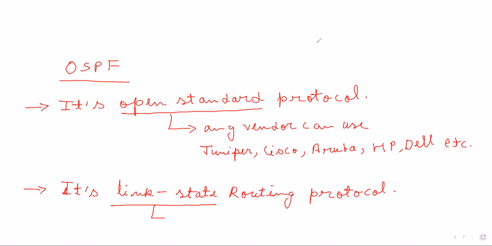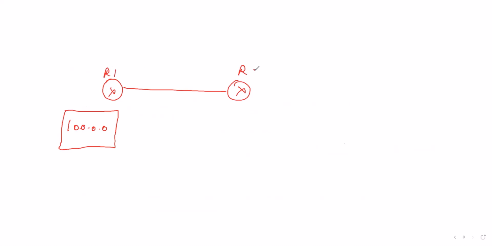Let me explain more. Suppose OSPF is running, and here is a 10 network on this R1. Like this, the 10 network was removed suddenly. There are multiple reasons, I don't know why it's removed, but it's removed.